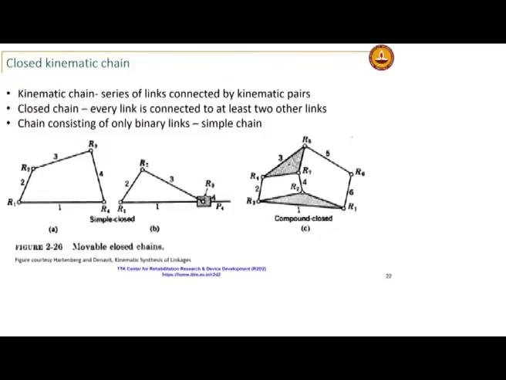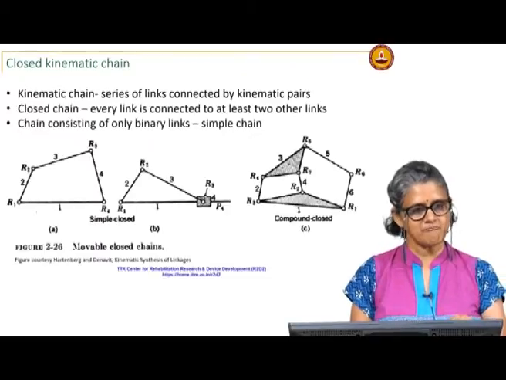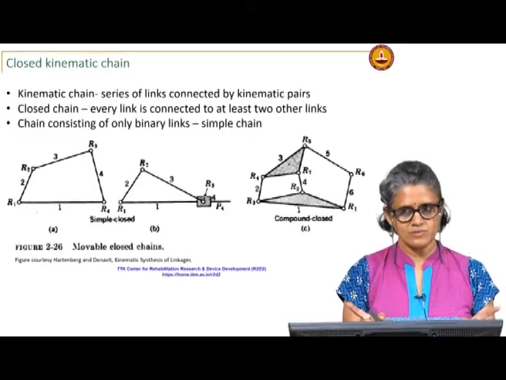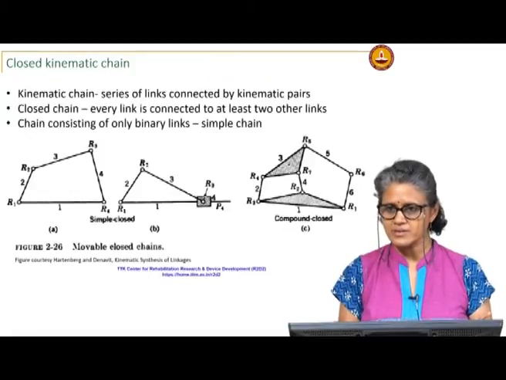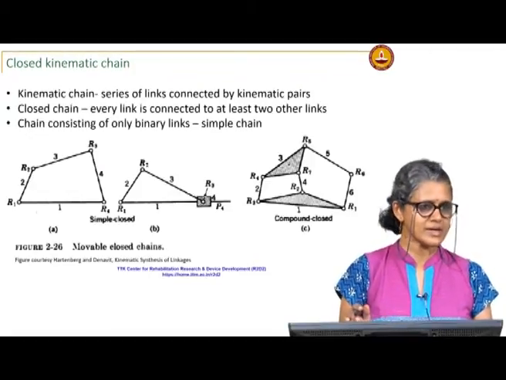Basically kinematic chains are constructed by connecting links with kinematic pairs, and you could have an open kinematic chain or a closed kinematic chain. In a closed kinematic chain, every link will be connected to at least 2 other links. So, there will be no singular link.